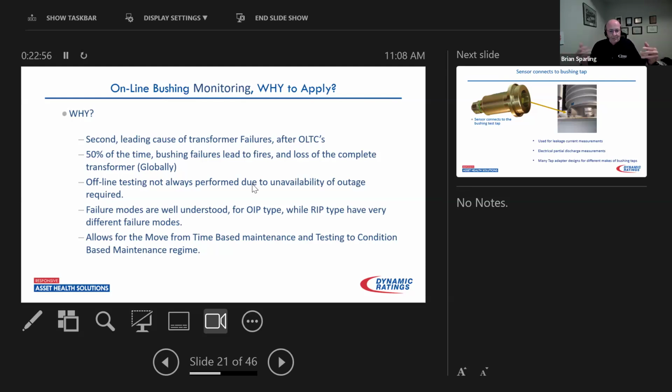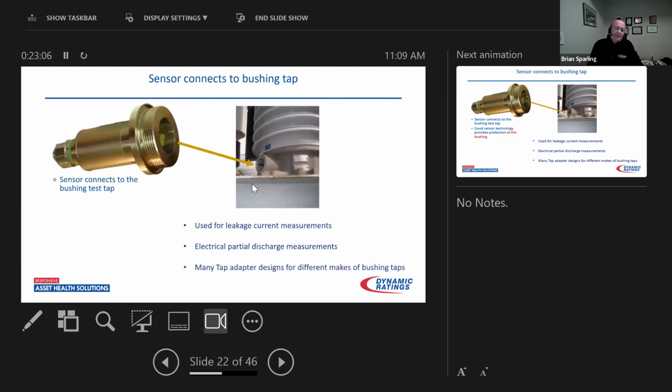Regardless of the type of bushing, monitors allow you to move from a time-based maintenance scheme and testing to a condition-based maintenance regime. So the sensor, this is an example of the sensor from Dynamic Ratings, is installed on that bushing test tap that Drew was explaining to you before.